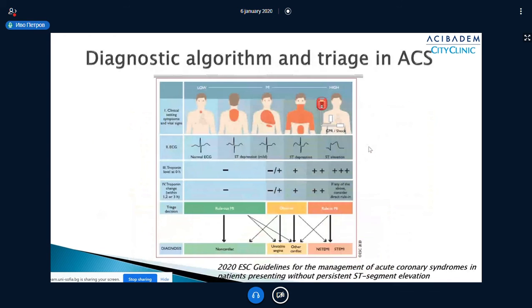So of course the chest pain is very similar to the chronic coronary syndrome, but with this detail that the chest pain is related to dynamic ECG changes.